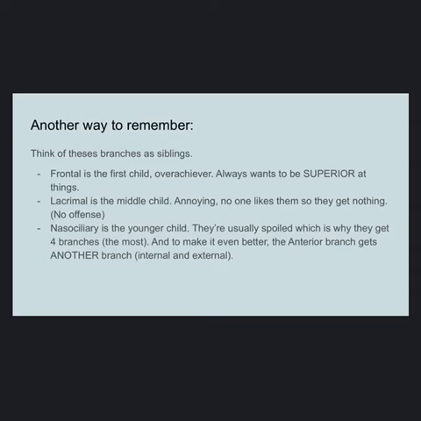Lacrimal is the middle child. No one likes the middle child, so the middle child doesn't get any branches. And I'm sorry if you are a middle child and you're watching this, I'm just using a stereotype. Don't be triggered. And then nasociliary is like the youngest child. They're usually spoiled, which is why they get four branches, which is the most out of this whole trigeminal nerve. The four branches is the most.